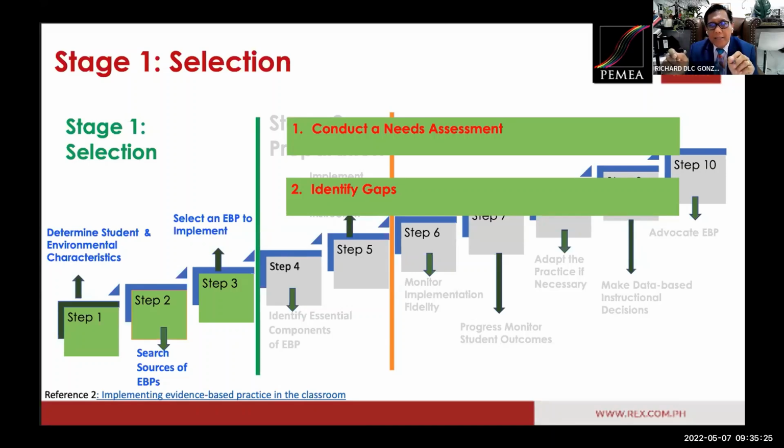DepEd, for example, has this resource mapping when they start enrolling students. You can pattern this resource mapping developed by DepEd to help you define the continuing programs. Resource mapping is a strategy for identifying and analyzing the programs, the people, the services, and other resources that currently exist in your school.